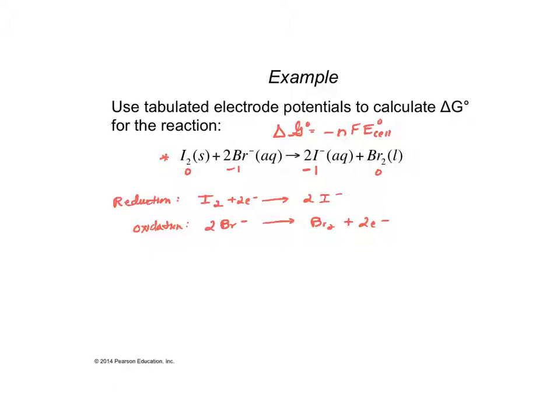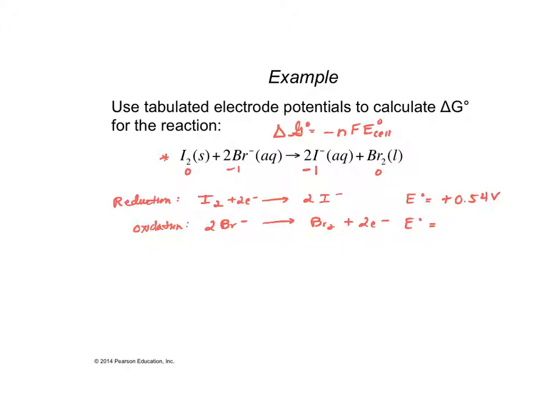So now all I have to do is go look at my tabulated list, my standard reduction potential table, and look up the reduction potential for both of these half reactions. When I do that, I get a reduction potential for the iodine of a positive 0.54 volts.